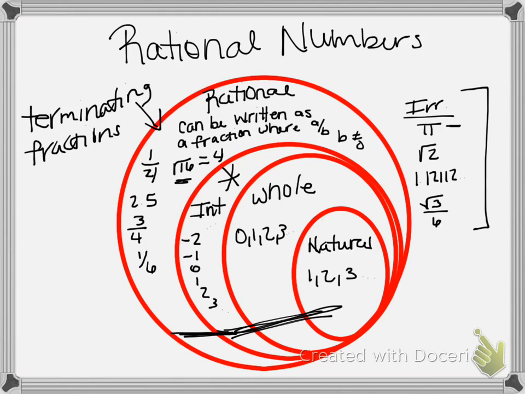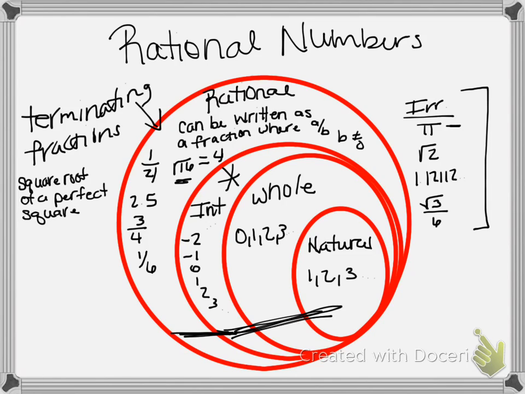So it's the square root of a perfect square, or cube root, or fourth root, whichever one. But square root would be square root of a perfect square. So those would all be rational numbers.